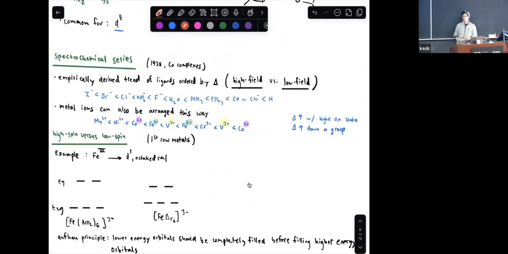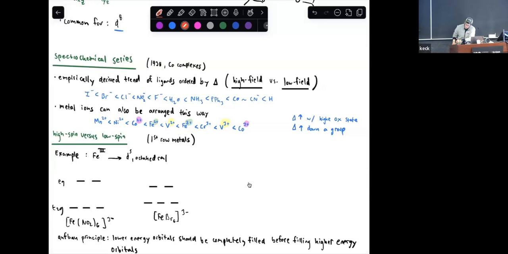Okay, now we're going to build towards an answer to Eugene's question about how we know whether a given ligand set, a given metal, has a high amount of splitting or a low amount of splitting. To do that, we'll introduce an empirical trend called the spectrochemical series. I want to emphasize that this is an empirical trend. This doesn't fall out of divine principles.